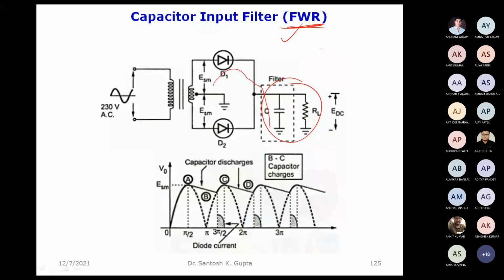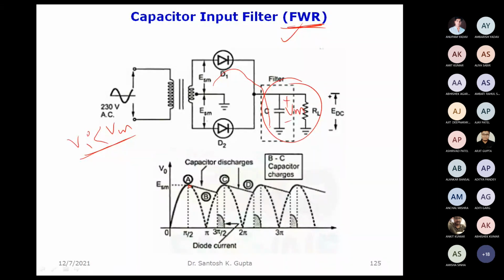After that, the input starts decreasing, so this diode will become off, but the second diode is not going to turn on because the input voltage is still positive. The only thing that has happened is that the input voltage becomes less than Vm, and the capacitor has charged to Vm.